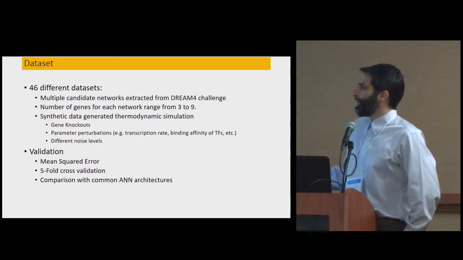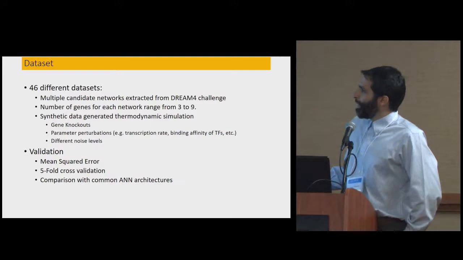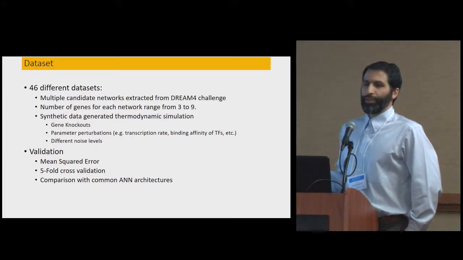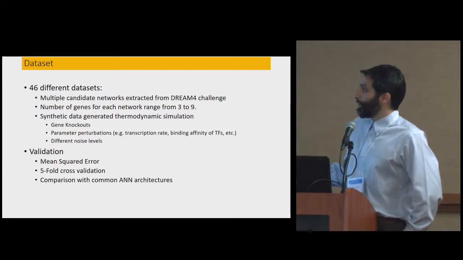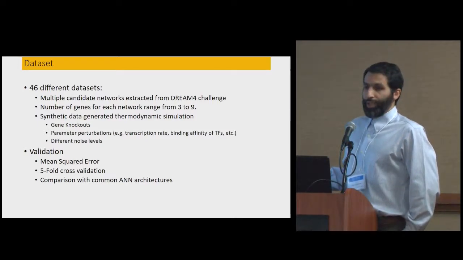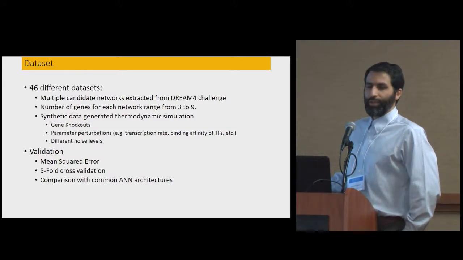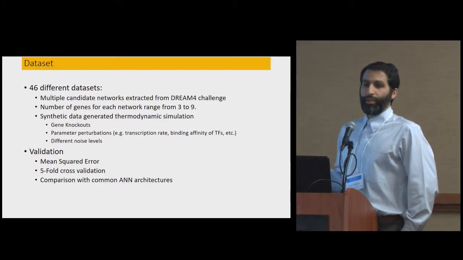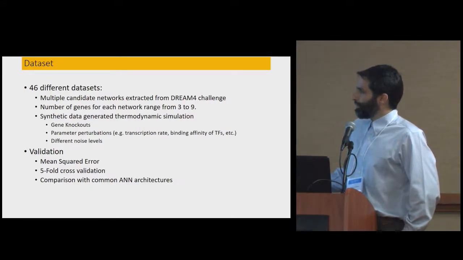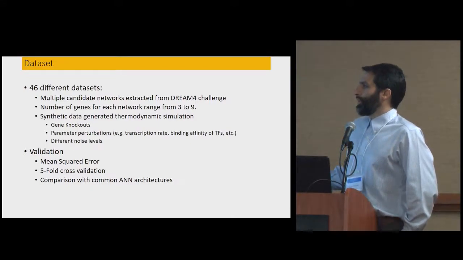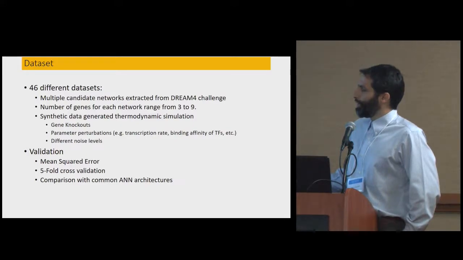This is a very ongoing study. And we use thermodynamic simulation to generate data, so we perform gene knockouts, for example. We do perturbations of the parameters of the network, the affinity of the transcription factors, and we use different noise levels to generate multiple data sets. And for validation, we simply use mean squared error and 5-fold cross validation.